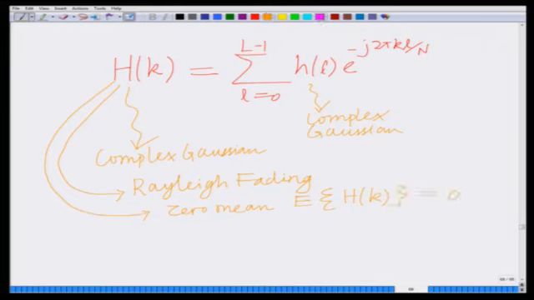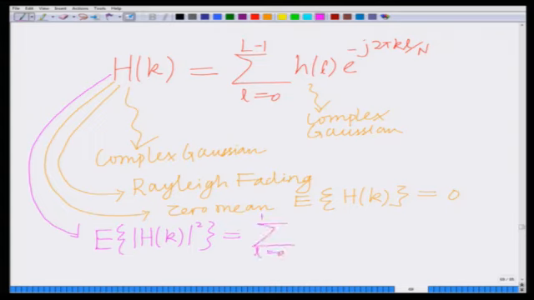Further, each of the small h l are uncorrelated, therefore, it follows that the expected value of magnitude H k square is equal to the summation over l equal to 0 to L minus 1 of the expected value of magnitude small h l square times magnitude e power minus j 2 pi k l over N whole square, which is 1 anyway.